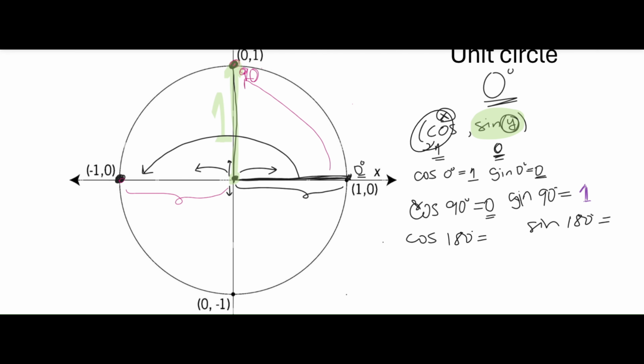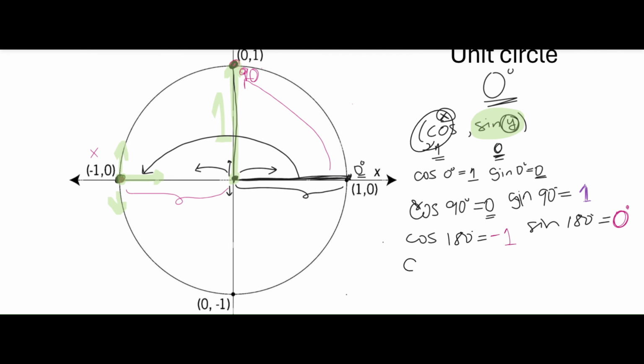Oh, this value here, our x-axis is -1. So cosine of 180 is negative 1. Perfect. Sine of 180, did we go up or down at this value here? Nope, we did not. So the sine of 180 degrees is 0. Perfect. Let us move on to the next one.